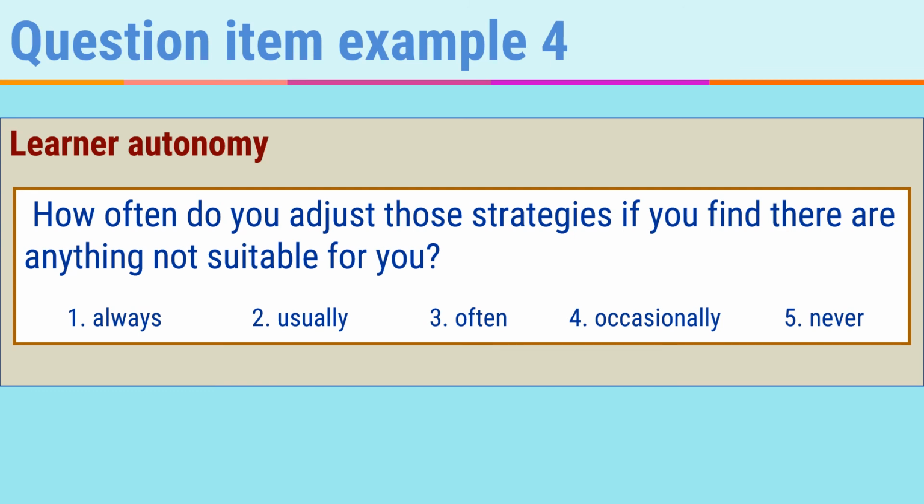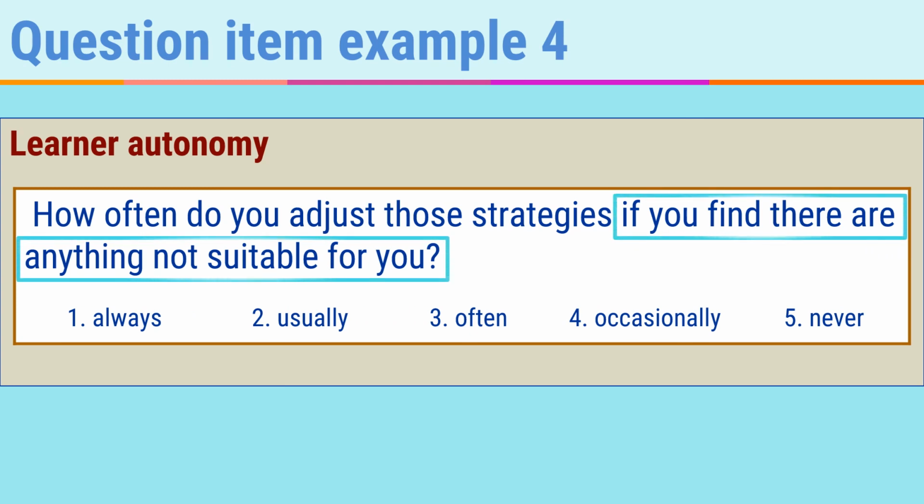Okay, I'm not talking about the grammar, but at least you can see that when you say, if you find there are anything not suitable for you, and then you go together with the word adjust, it becomes redundant. Okay. You adjust because you find out that there is something not suitable for you, and that's why you adjust. So you don't need to include the second part.